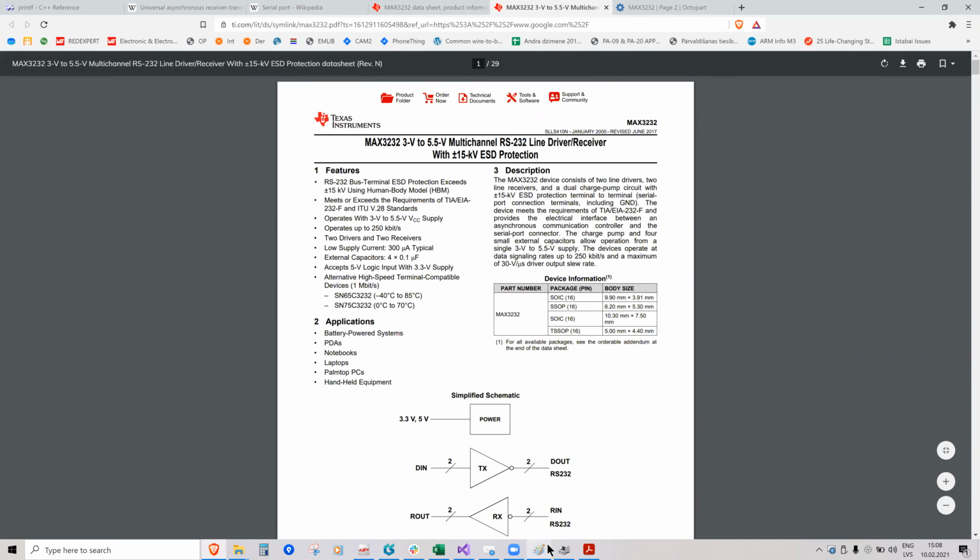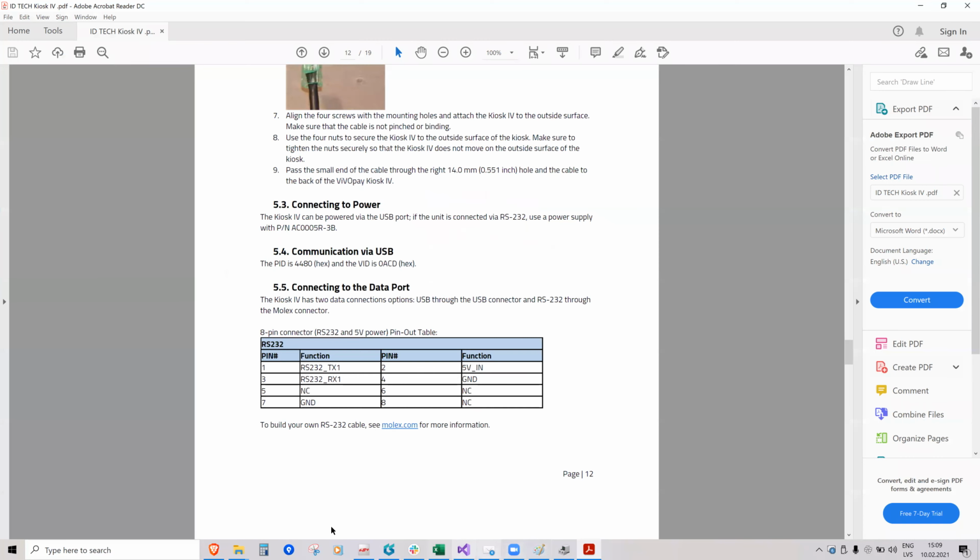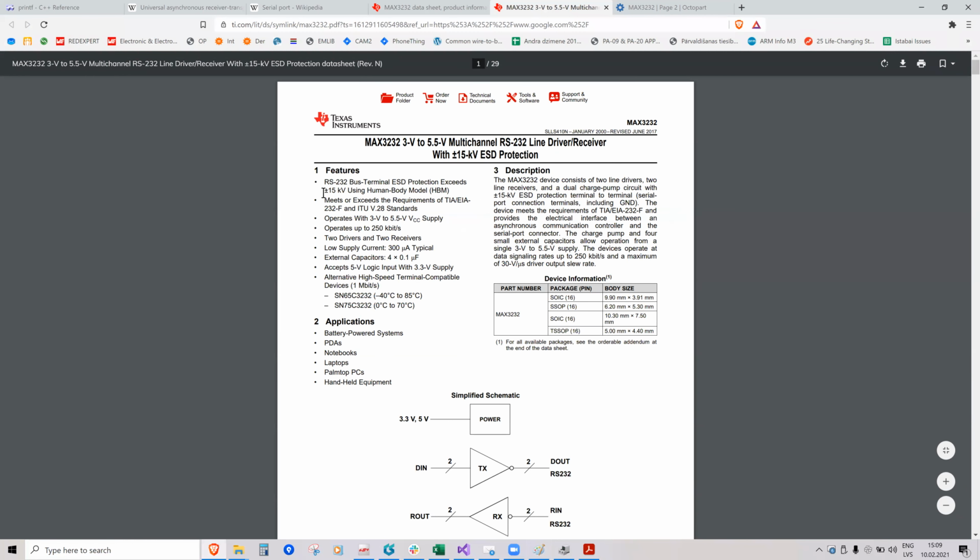So even if somebody touches these lines with an electrostatic finger charge, for example, with a synthetic sweater, that chip has ESD protection of 15 kilovolts, and it accepts this ESD and doesn't let the chip be destroyed.